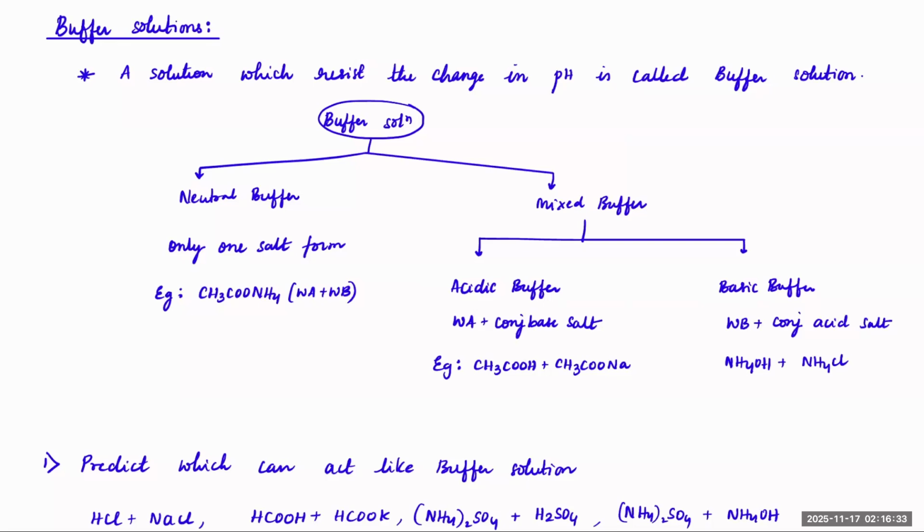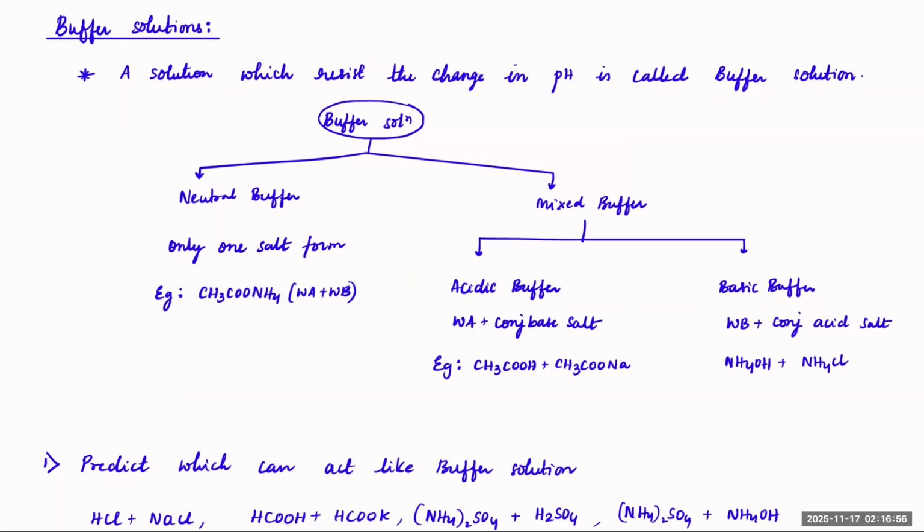Suppose you add HCl, then CH3COO minus will try to consume that H plus and convert into undissociated CH3COOH. If you add OH minus, NH4 plus will consume all the OH minus and convert into undissociated NH4OH.